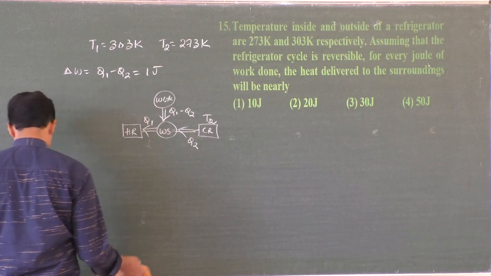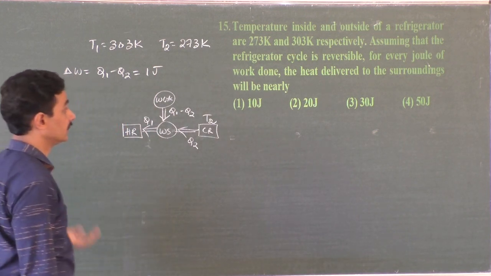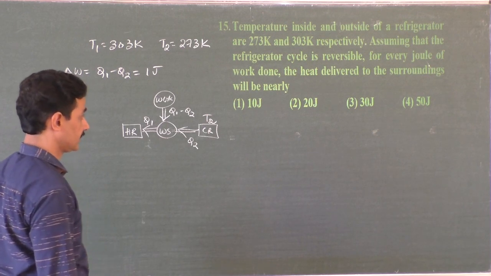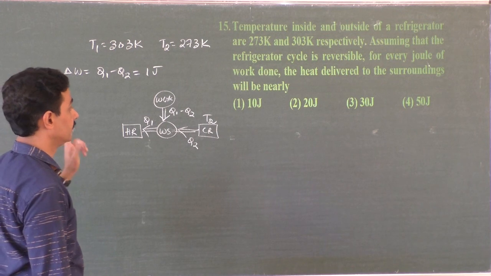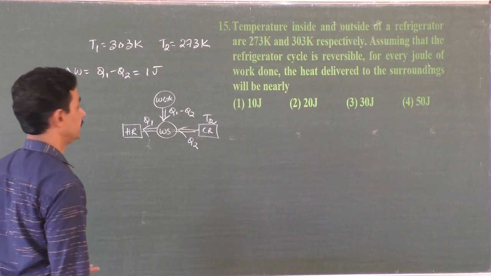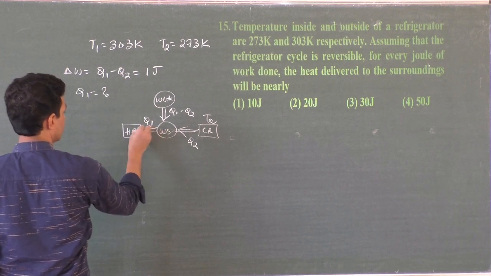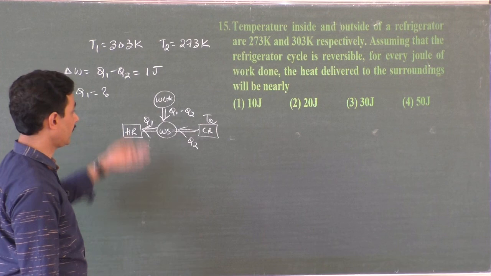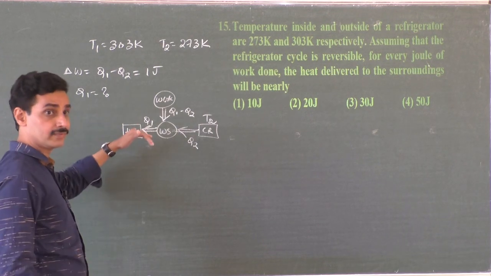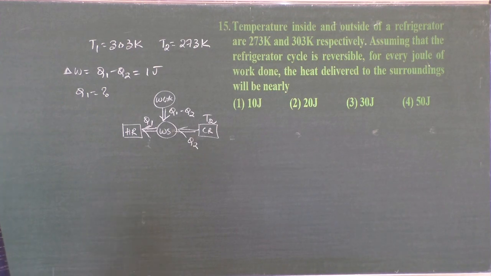The question is, assuming that the refrigerator cycle is reversible, for every 1 joule of work done, what is the heat delivered to the surroundings? That means you have to find Q1, the heat given after absorbing from the cold reservoir and after work is done on the gas.